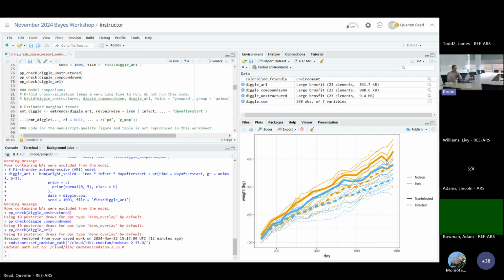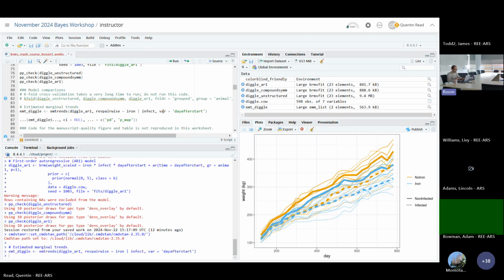So basically comparing the slope of the thick orange and blue line, if they're different, and is the slope of the dotted orange and blue line different? And the time variable that we are comparing is day after start. EMT underscore Diggle is what we called that object.